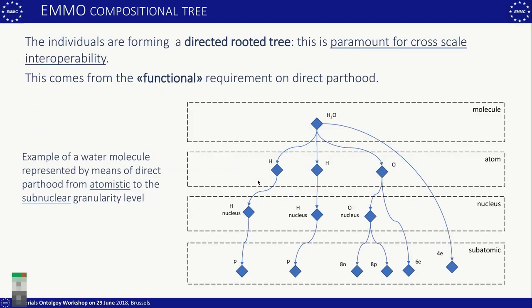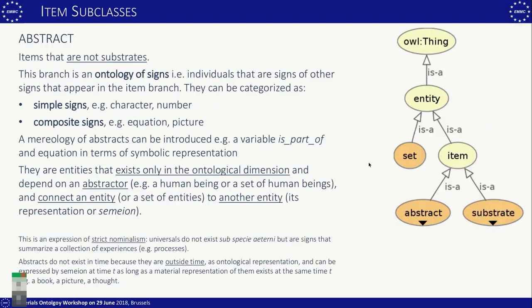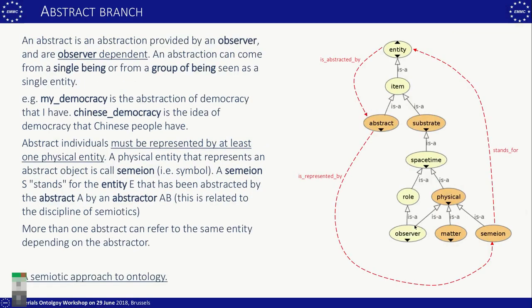What we also have in the EMMO is the definition of abstract items. Abstract items are signs that live in the ontological framework, are not real object entities, real world entities, but signs in the ontological dimension.